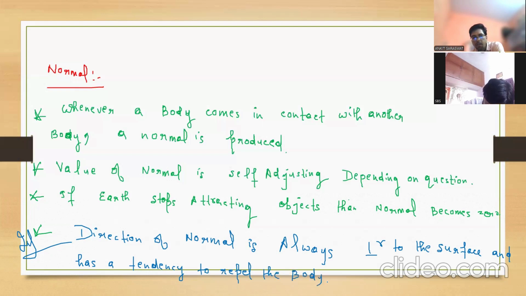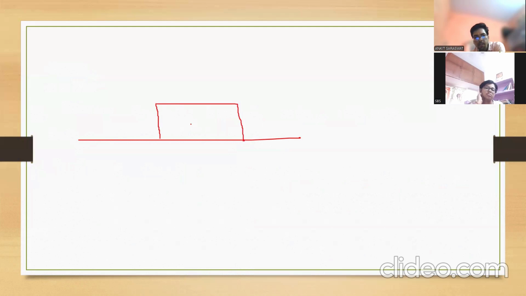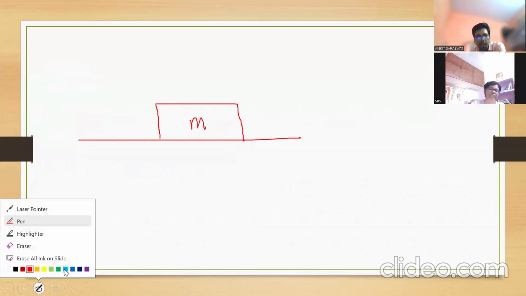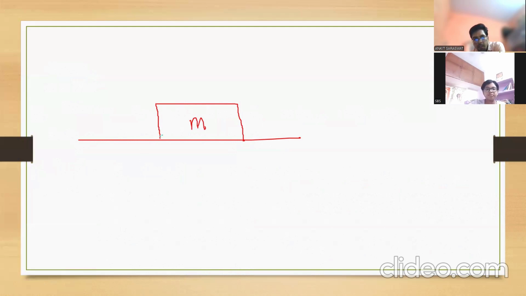Now look here. So this is clear. Now understand how to apply the normal reaction. This is a floor. On this floor, if you place any object having mass m, which surface is in contact? This surface is in contact with the floor. This is the first body, and this is the second body.